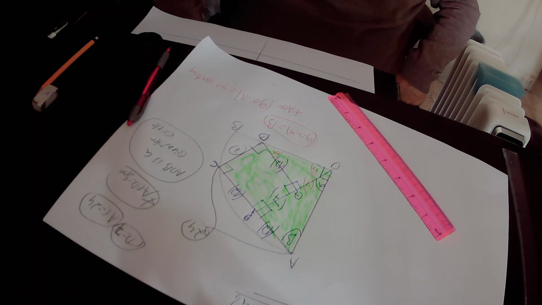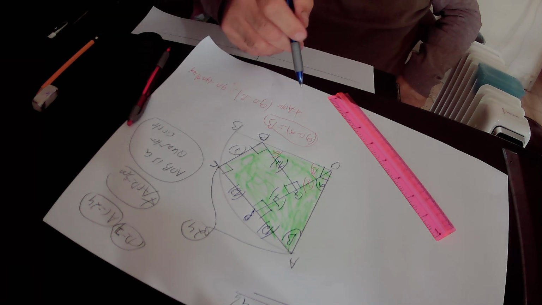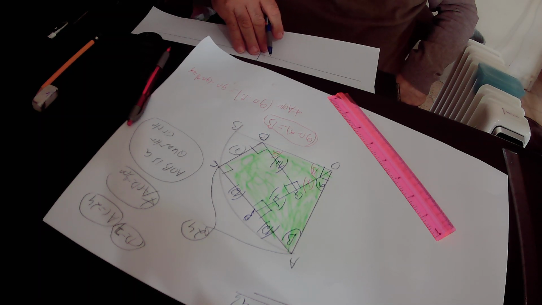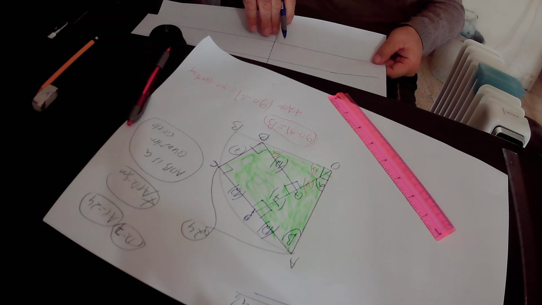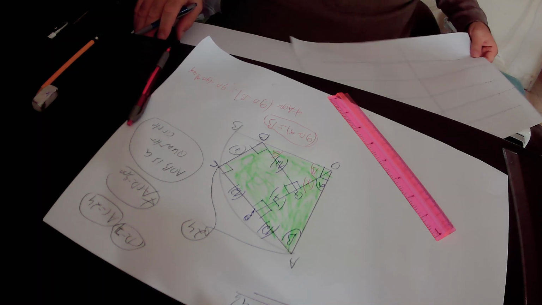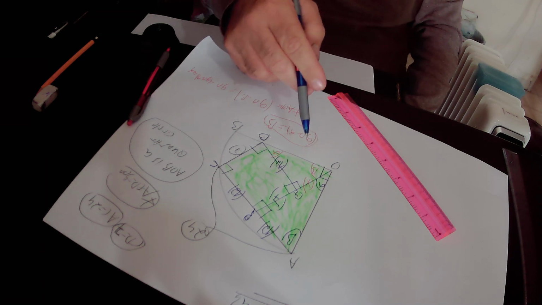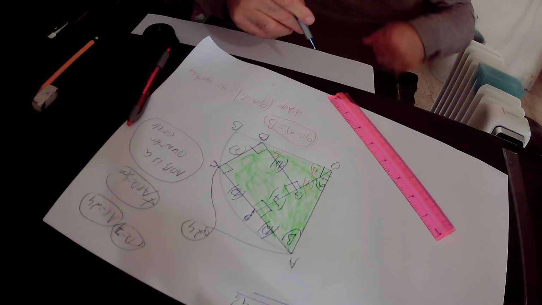In the next step, we'll focus on the right triangle QOD. I'll copy the right triangle QOD in a new page, and we'll find the tangent of alpha in the right triangle QOD.